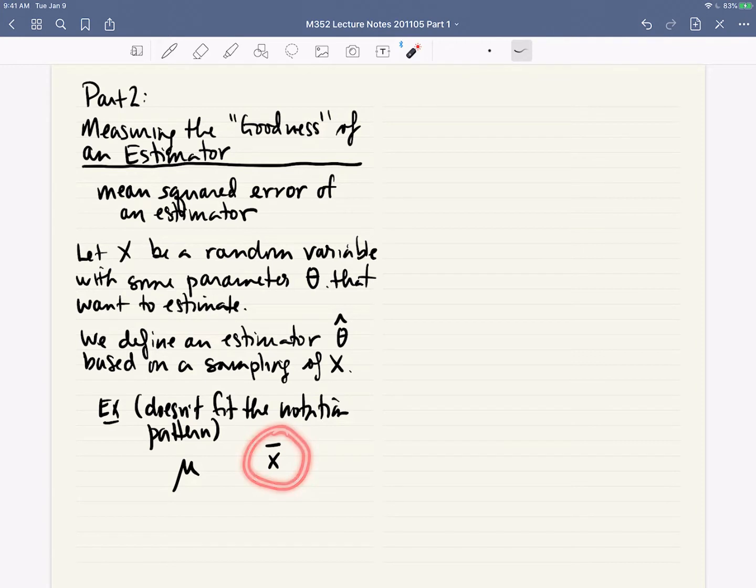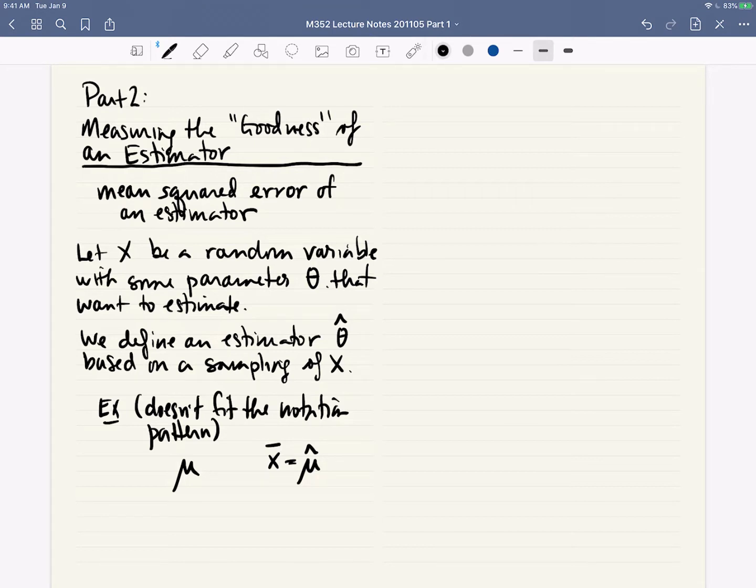Notice the notation for the sample mean is different from the hat notation. Our book would say that's the same thing as saying mu hat. I will probably tend to use the x bar notation for the sample mean, but just so you understand, there's a convention that the book is using with the hats, and there are some special cases where we don't use the hat. It's not like statistics tries to make our life easier. Better, but sometimes not easier.